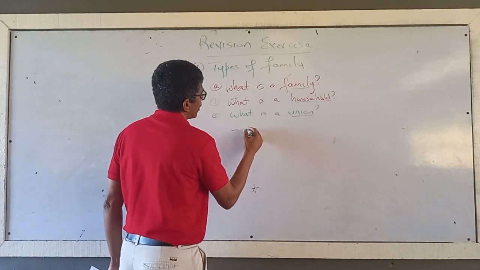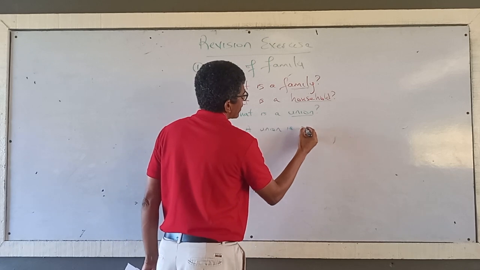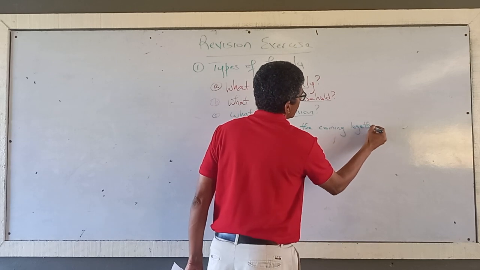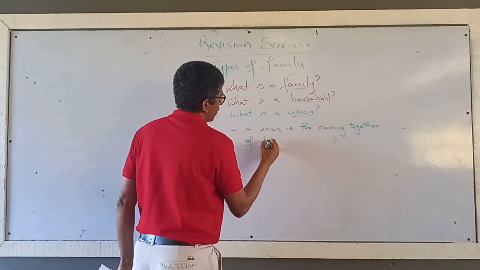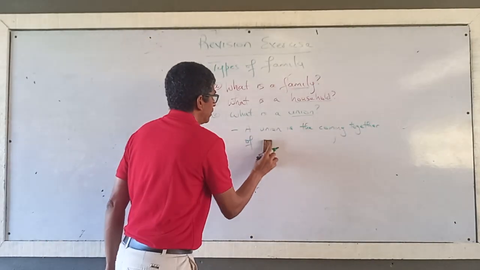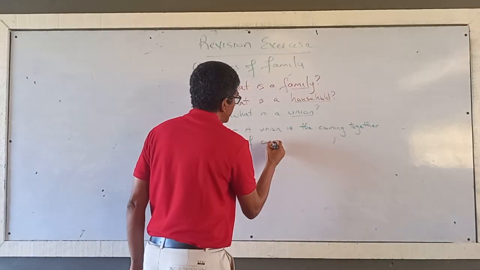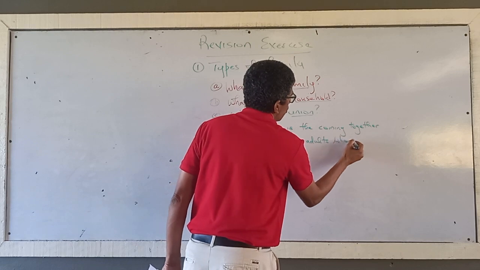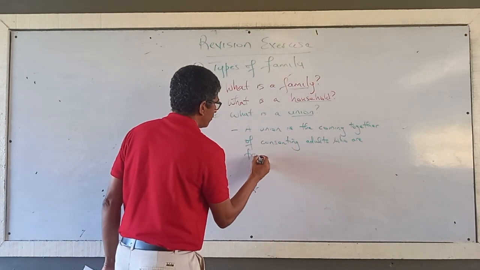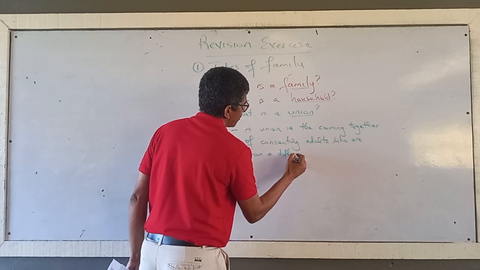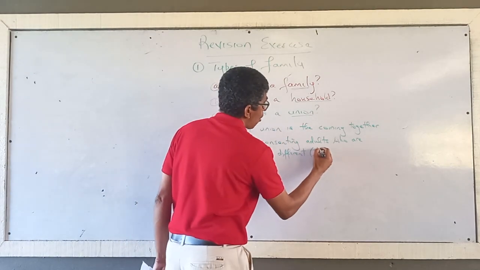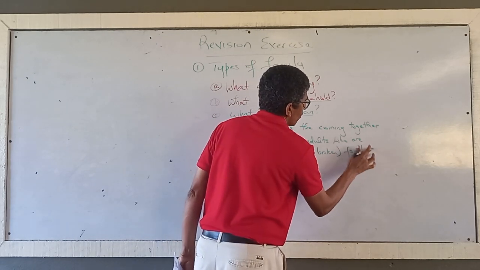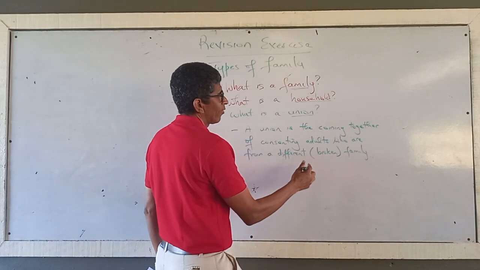All right. So we say now that a union is the coming together of consenting adults who are from a different, or broken, family.